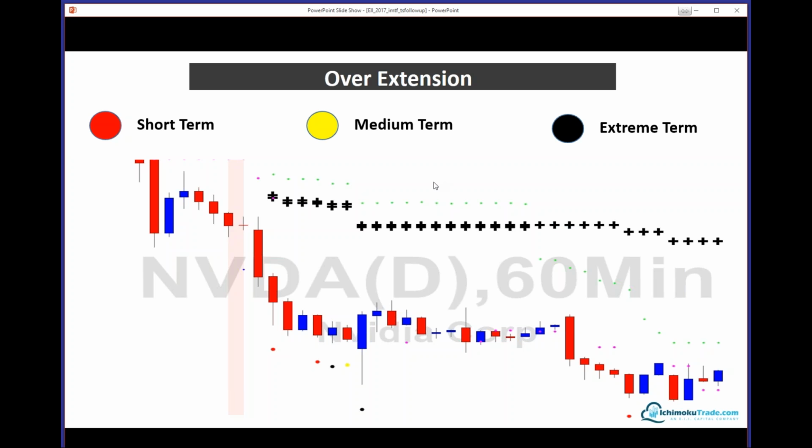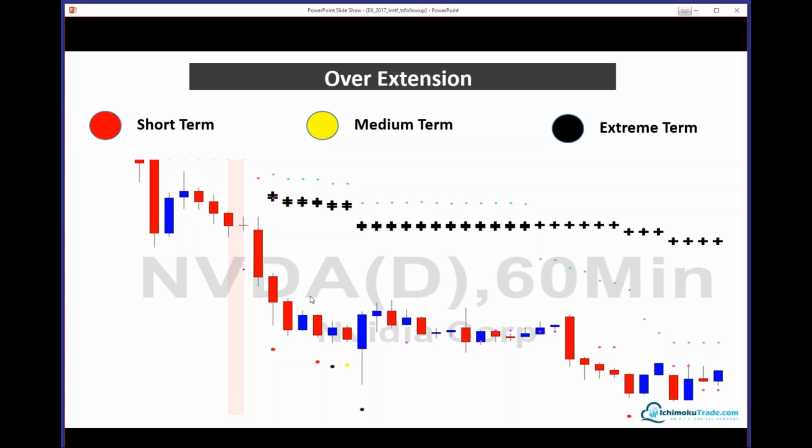Here are the rules that we teach in our classes with overextension. If you got a red dot like you did here, that means you need to go to a lower time frame to manage the trade. If you get a black dot, that means you need to get out of the trade right away. If you got a yellow dot right here, that means you need to tighten up your stop. You can no longer use the green dots here.